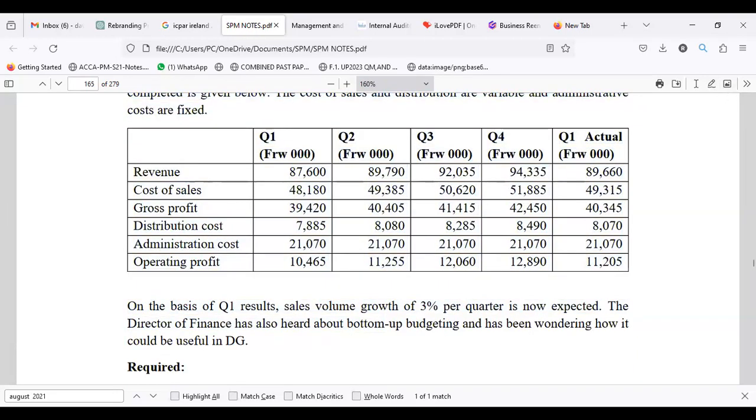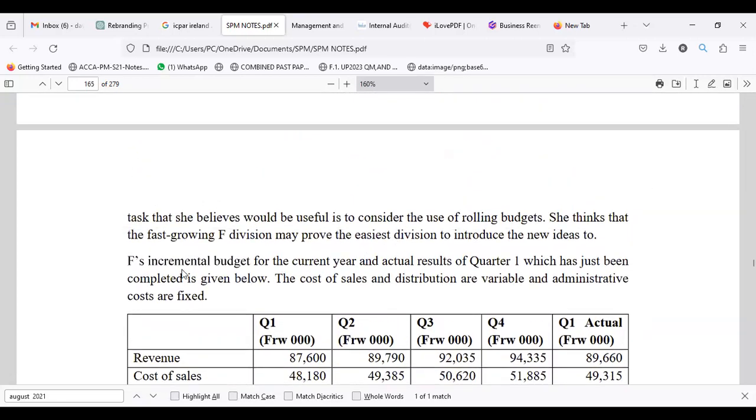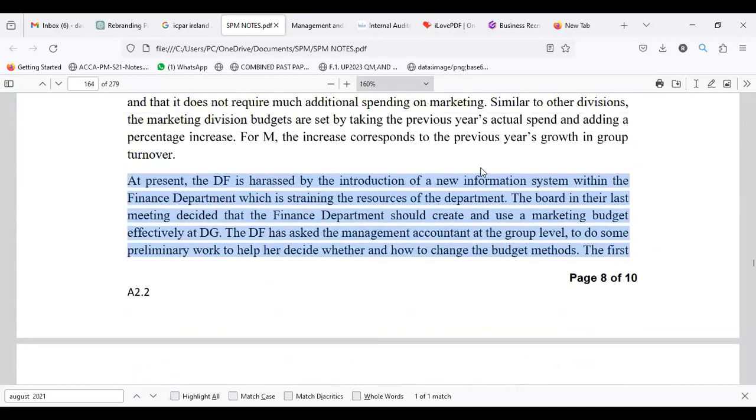So that's where the rolling budget was introduced as a factor from this case. They say the budgeting issue started from there. So I'll read only from this paragraph, and the others are for other areas that you may want to go through. So it's August, I'm using 2021.